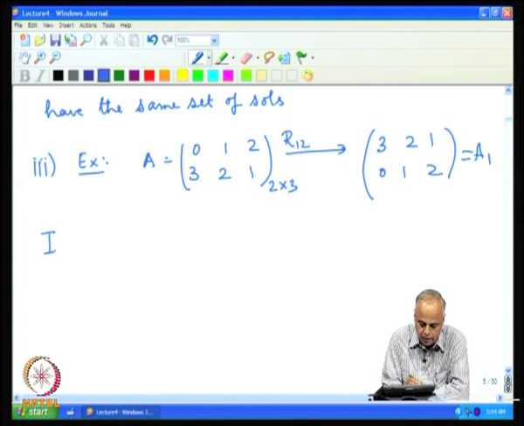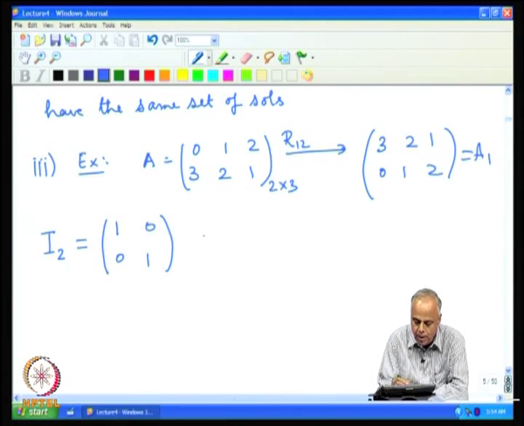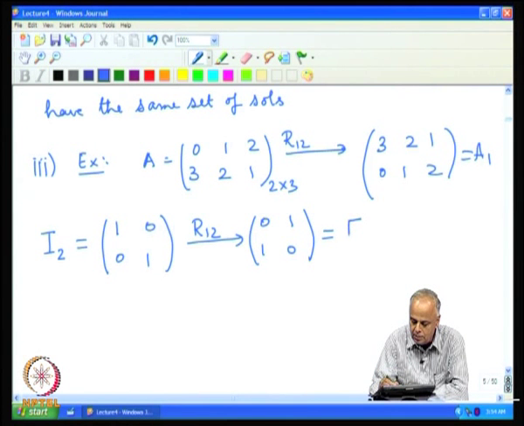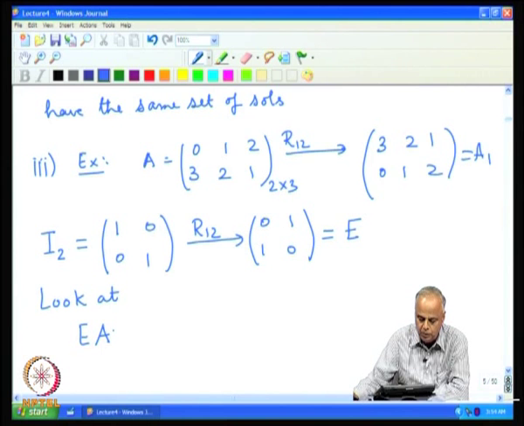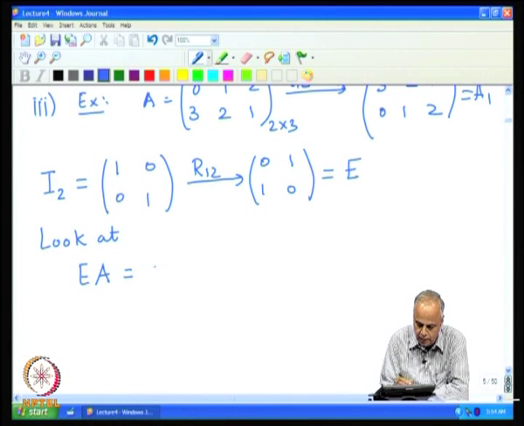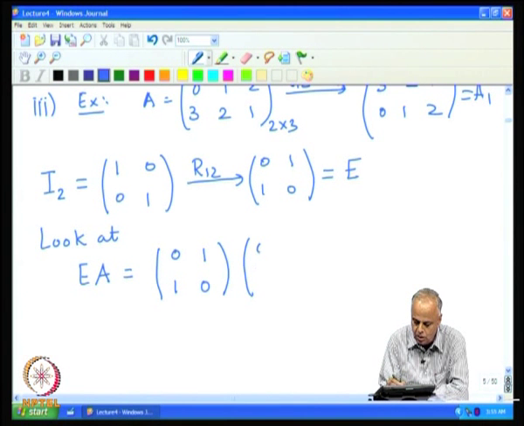So, we look at the 2 by 2 identity matrix, which is this, and we apply the same elementary row operation which we applied to A to this matrix, and we get this matrix 0 1 1 0, which we will call as E. Now, look at E times A, that is pre-multiply the matrix A by E, which is 0 1 1 0 times 0 1 2 3 2 1.